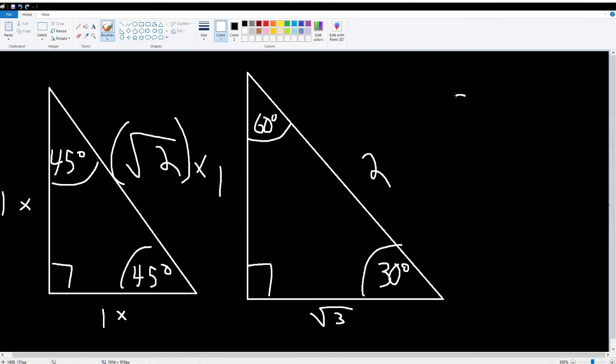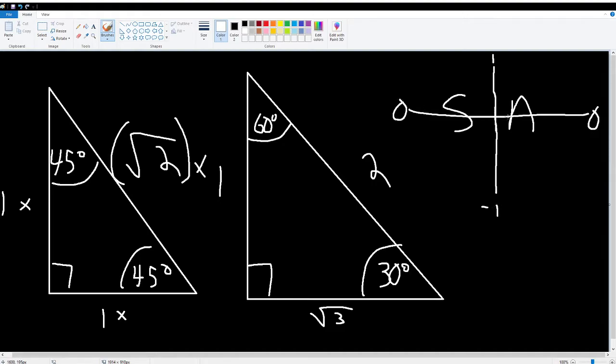I would write out the word sine like this, and I would extend the I, and whatever's on the I, it's going to be 1 and -1, and everything else is going to be 0. So what does this mean? This means that sine of 0 degrees is 0, sine of 90 degrees is 1, sine of 180 degrees is 0, sine of 270 degrees is -1, and sine of 360 is also 0.